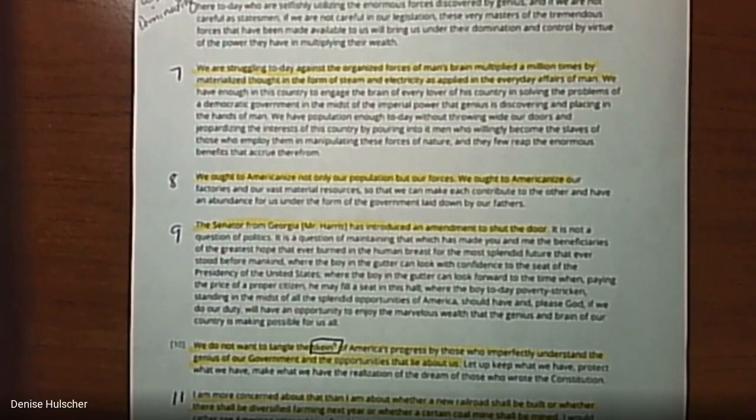We have population enough today without throwing wide our doors and jeopardizing the interests of the country by pouring in men who willingly become the slaves of those who employ them in manipulating those forces of nature. And the few reap the enormous benefits that accrue from them.